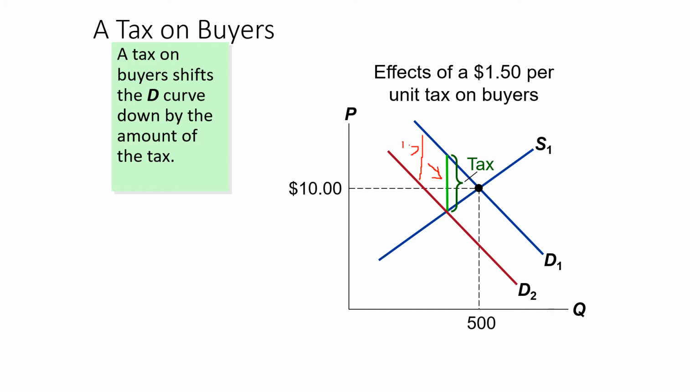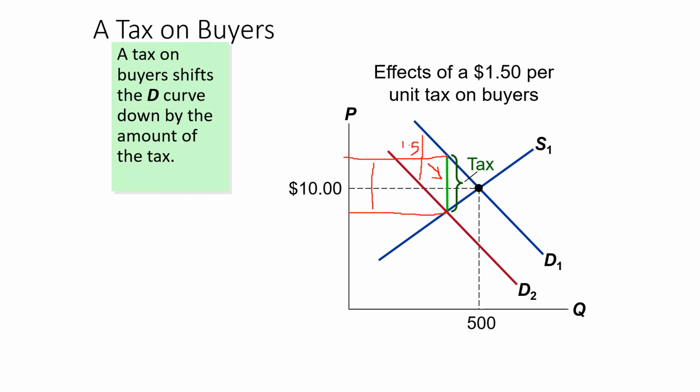So now there will be a new price and new quantity. The new price that the buyers are paying is equivalent to the point on the blue demand curve, the D1, whereas what the suppliers are actually getting is at the new equilibrium, and this difference that we know is equal to 1.5.